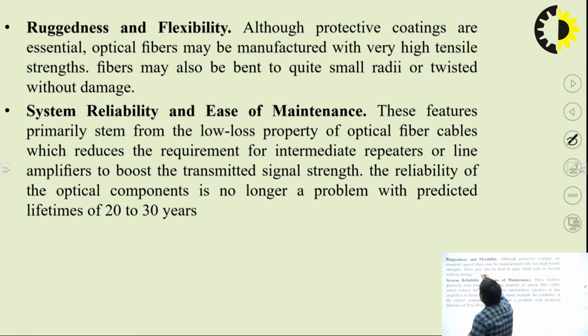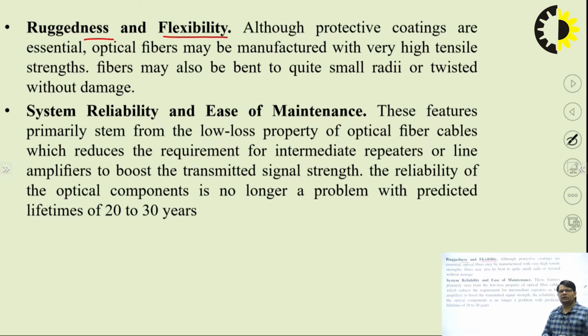Next important advantage is ruggedness and flexibility. Optical fiber cable is very flexible in nature, so it can be easily bent as per the requirement, so that we can use it in any environment condition. It can be buried under the earth, or used inside the sea water.